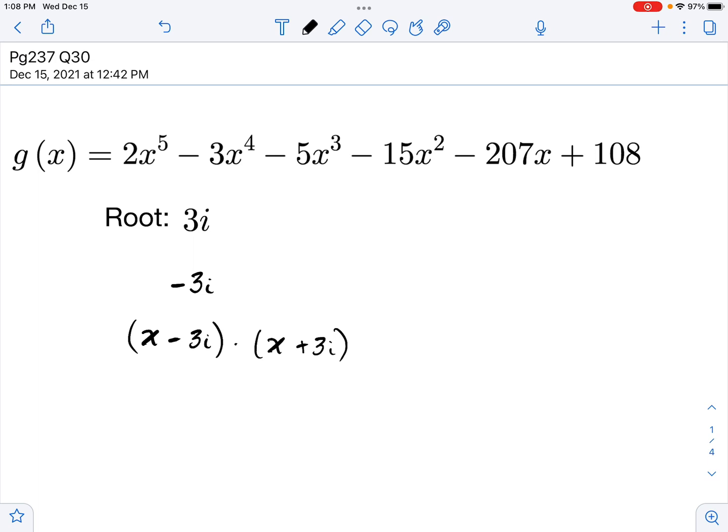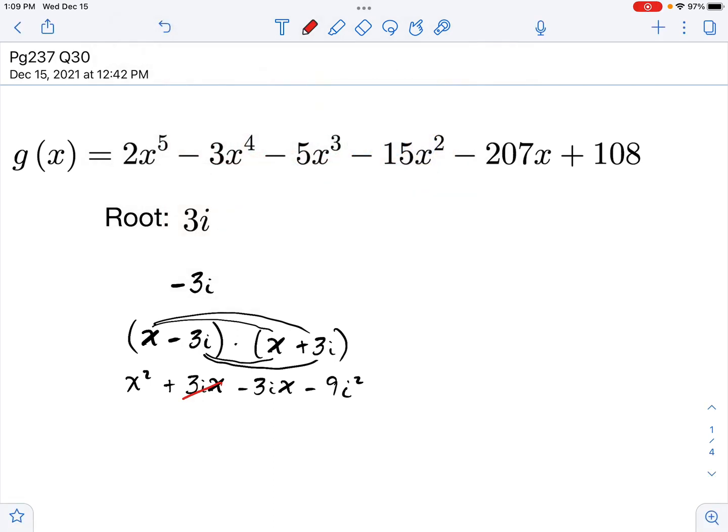into my full polynomial. So foiling it out, I get x times x is x squared. X times 3i is 3i times x. Negative 3i times x is negative 3ix. And then finally, negative 3i times 3i is negative 9i squared. I have some cancellation.